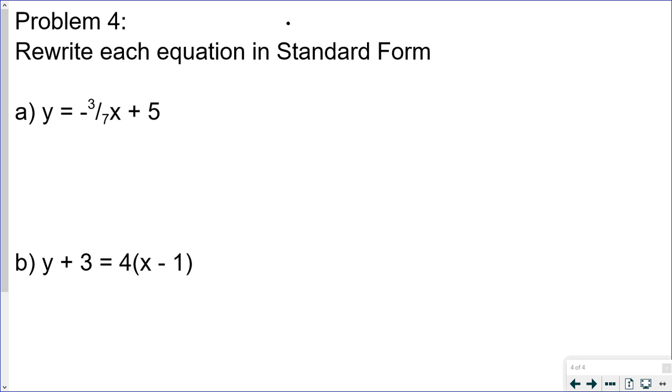So again, standard form is ax plus by equals c. So basically all we want to do is get the x and the y on the same side of the equation. So how do we get this x over to this side? All you do is do the opposite of what you see. This is negative 3/7 x. So I add 3/7 x to both sides.